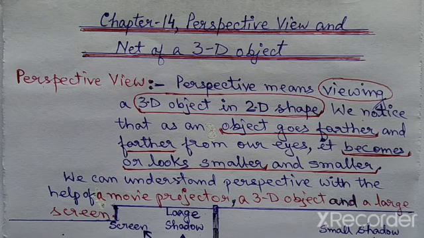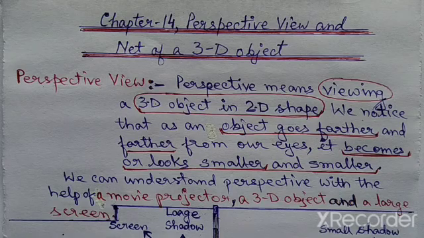Children, in our earlier classes, we had been dealing with solid objects like cube, cuboid, cylinder, and sphere, and plane figures like rectangle, square, triangle, and circle. While drawing the shapes of 3D objects on a 2D plane, did you ever compare the actual object with its shape on a plane?